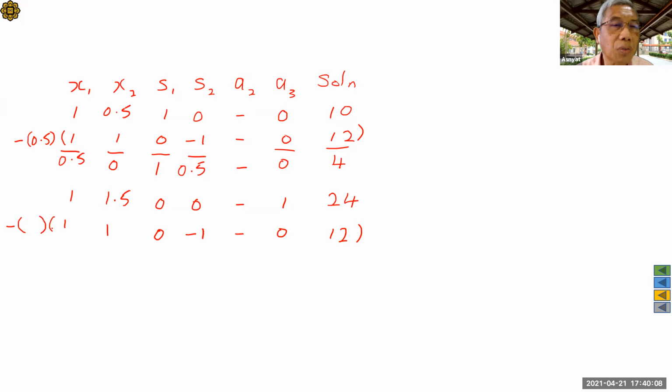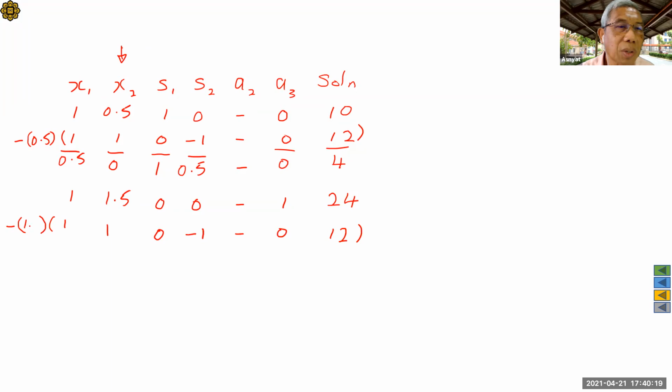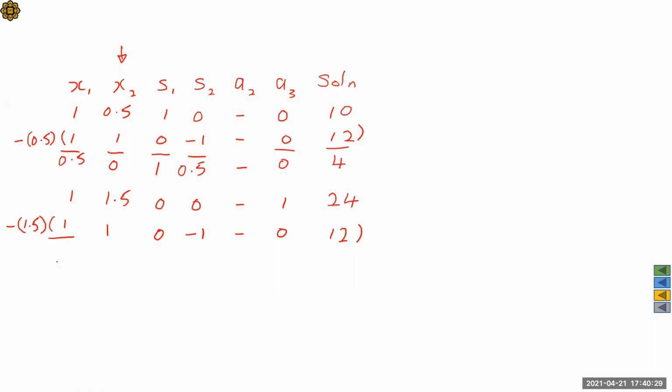Where is the old row coefficient? The original pivot was somewhere here: 1.5. Good. 1 minus 1.5 times 1 is negative 0.5.